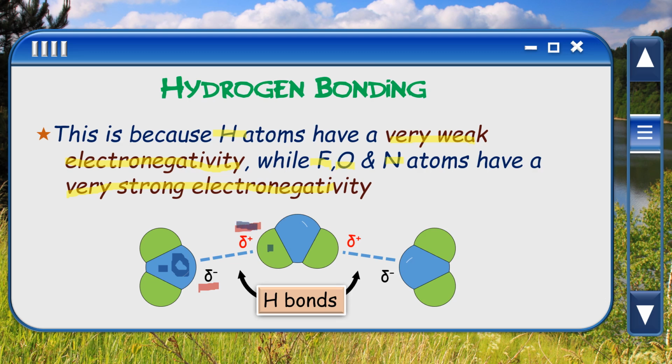Oxygen, with a strong electronegativity, is partially negative. And because of those polarities, we create a bond of attraction between the oxygen and the hydrogen. That bond which is formed is what we are referring to as the hydrogen bond.